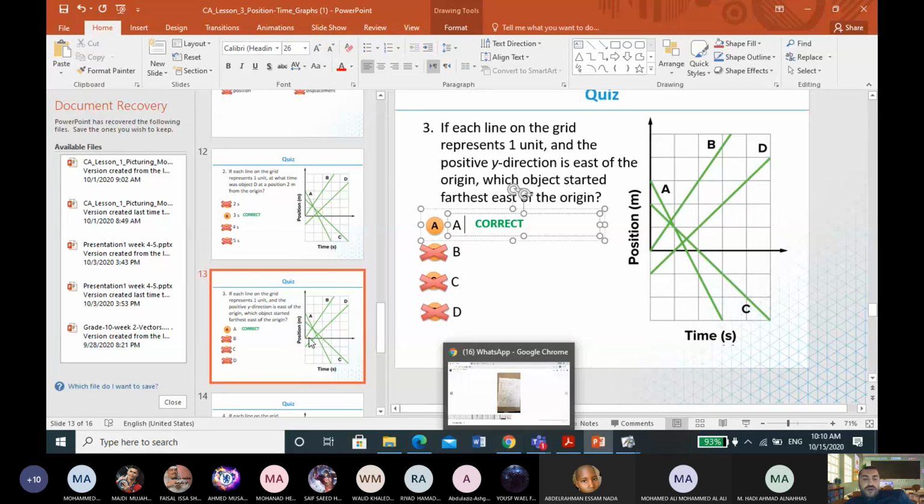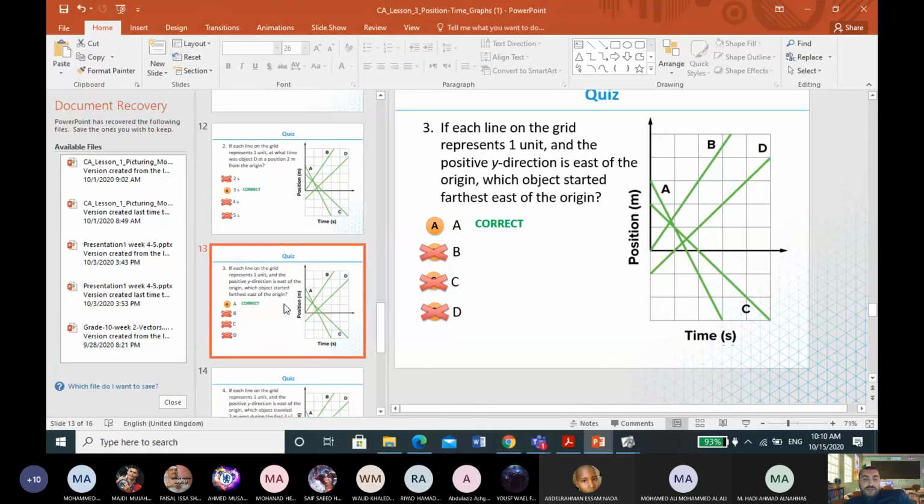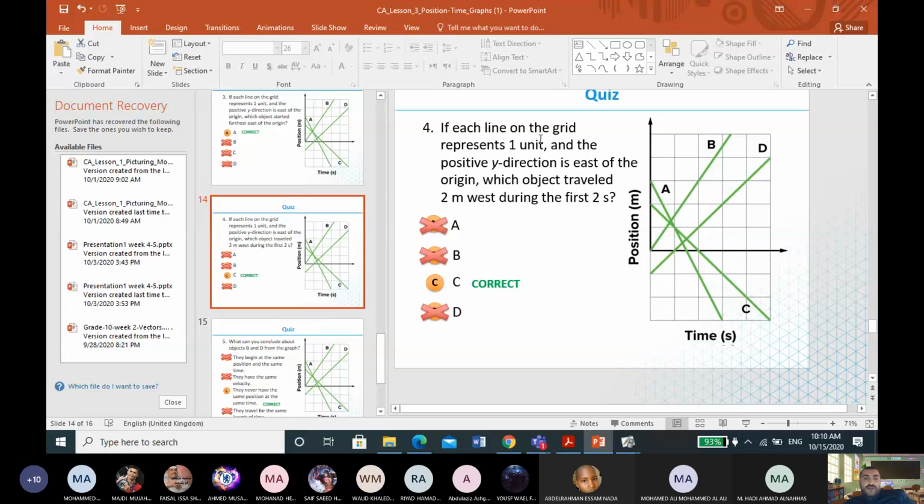So now guys, here, if each line on the grid represents 1 unit and the positive y direction is east of the origin, which object travels 2 meters west during the first 2 seconds?